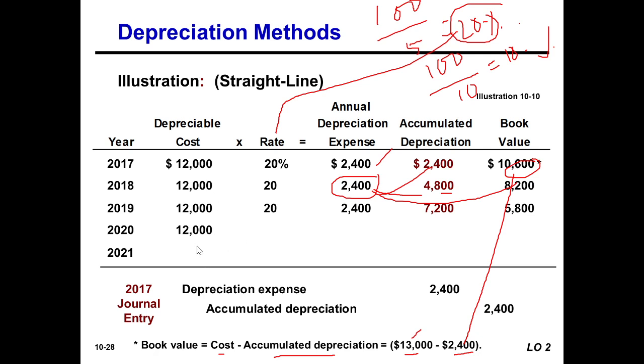And with depreciable cost 12,000, 20%, the same, finally 1,000 will be our book value. So this is the discussion on the straight line method.